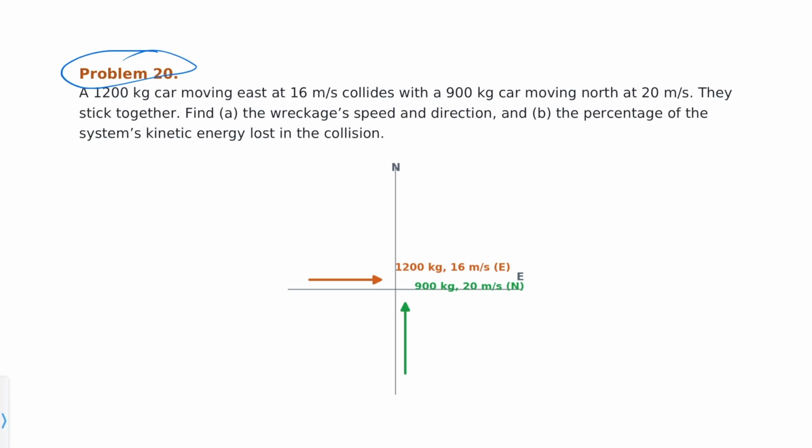Find the wreckage's speed and direction. Okay, so we need to do this very similar to what we did before. Momentum x is 1200 times 16. Momentum y is just 900 times 20. So let's find these values first before diving deeper into this.